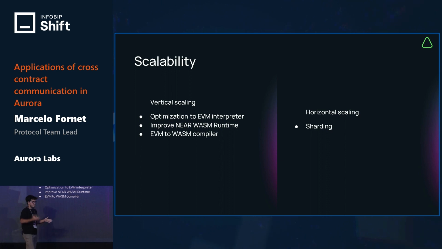So adding more shards doesn't mean that Aurora will get any benefit, because it will have the top of what a single shard on Near can execute. So one of the visions that we are currently exploring is deploying Aurora on multiple shards. Basically, if Near grows horizontally, Aurora could grow horizontally as well.